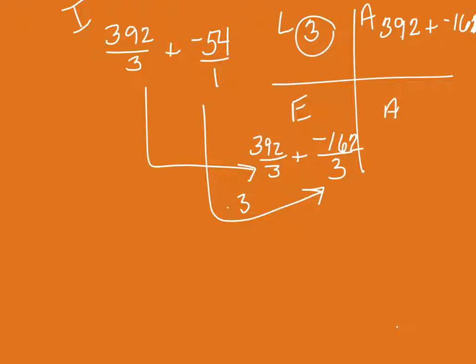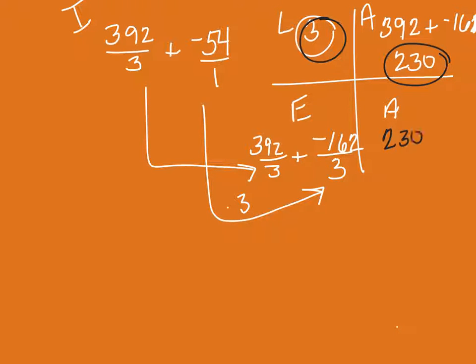Find the difference. Okay, so 392, take away the 2, it's going to give me 390. 390 take away the 60 is going to give me 330. 330 take away the 100 gives me 230.